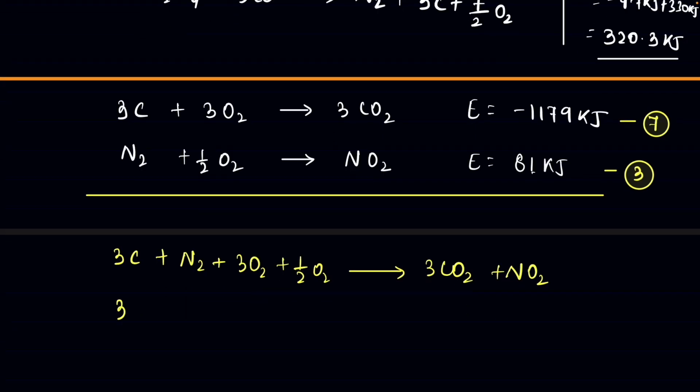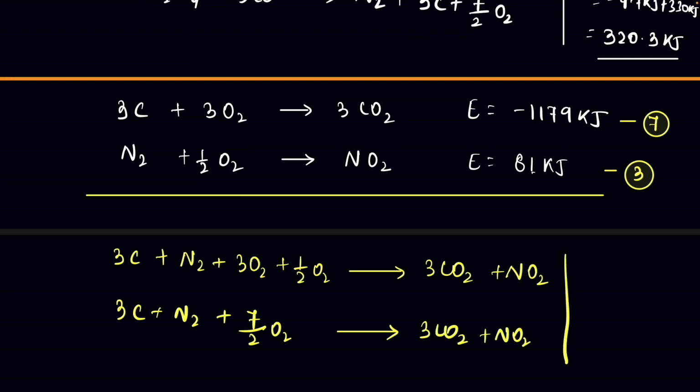Further solving, 3C plus N2 plus 7 by 2 O2 becomes 3CO2 plus N2O. And the energy will be added, so the new energy will be minus 1179 plus 81, which is equal to minus 1098.